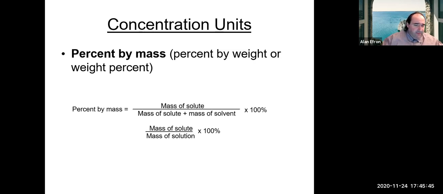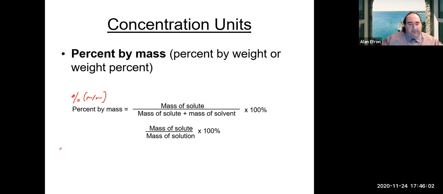We did talk about percent mass to mass, which is again our mass of our solute over our mass of our solution times 100%. We also, I believe, talked about some other mass units.